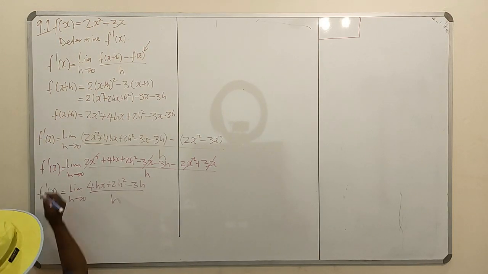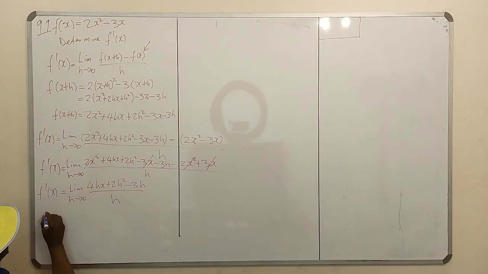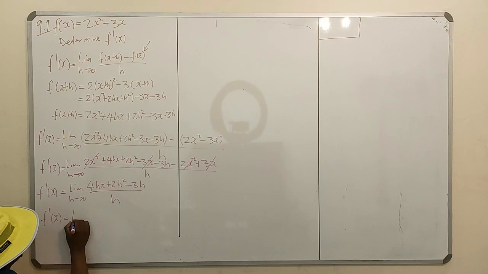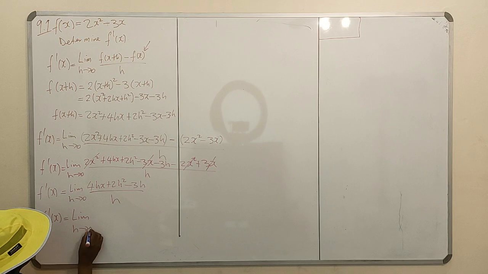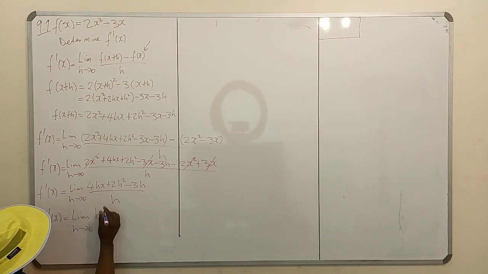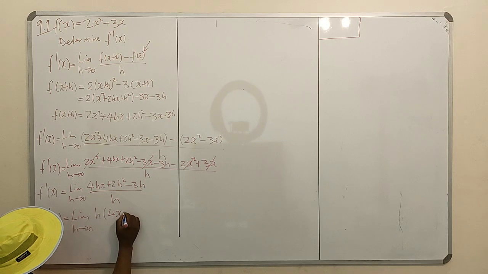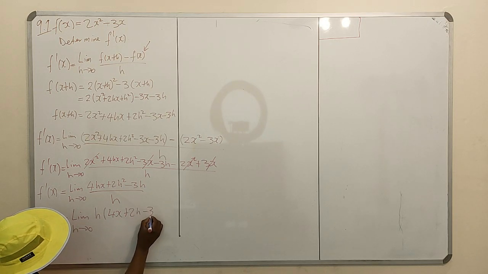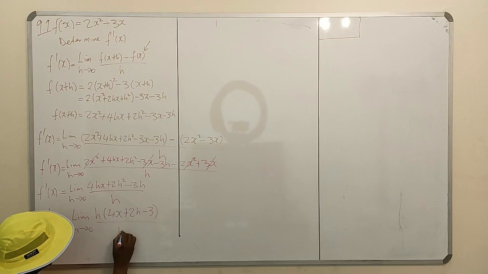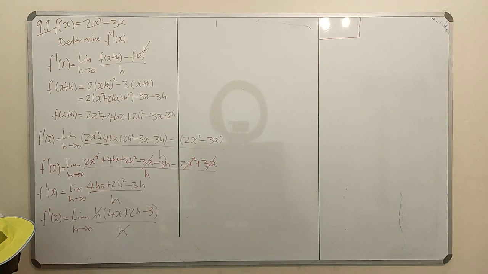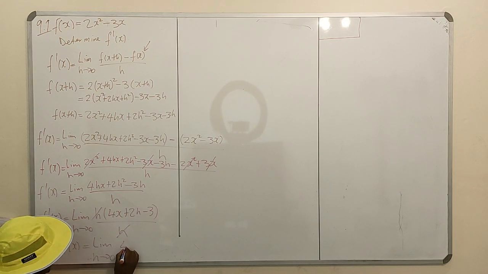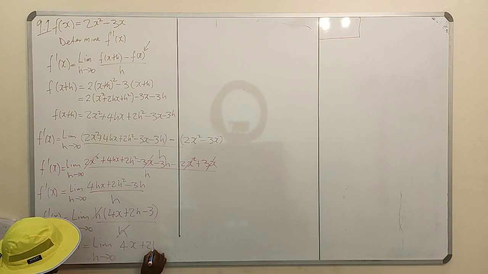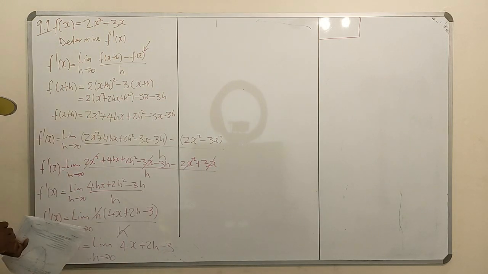So f prime at x is equal to the limit as h goes to 0 of h into 4x plus 2h minus 3, all over h. So this and that go away. Once you cancel this, we're left with f prime at x is equal to the limit as h goes to 0 of 4x plus 2h minus 3. That is what we're left with.